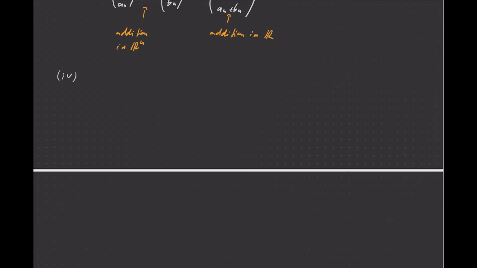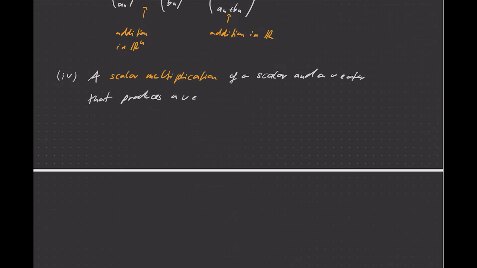So what we also have is the so-called scalar multiplication of a scalar and a vector that produces a vector.